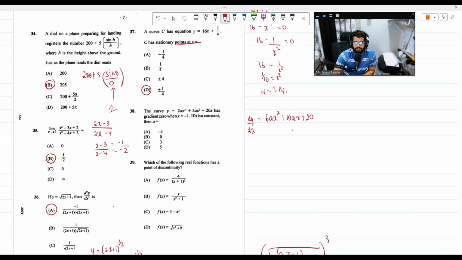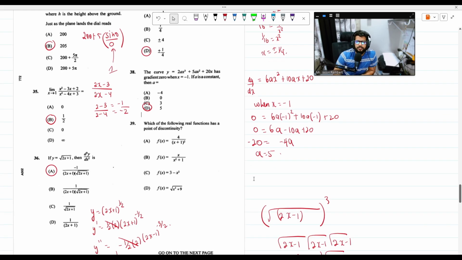And this has a gradient of 0 when x is minus 1. So when x is minus 1, dy dx is 0. 0 is equal to 6a into minus 1 squared plus 10a into minus 1 plus 20. 0 is equal to 6a minus 10a plus 20. 6 minus 10 is minus 4a. Move the 20 across, and I get a is positive 5.